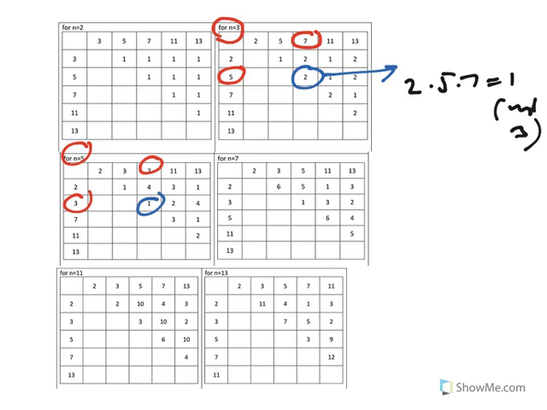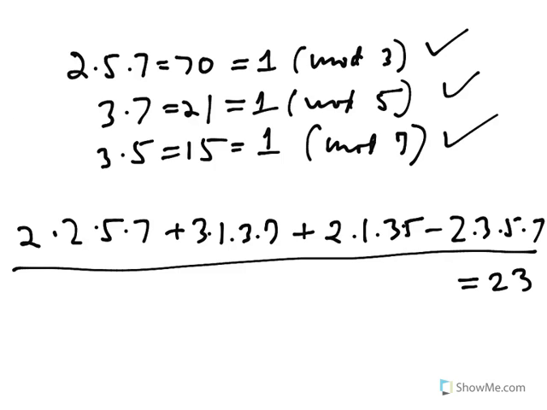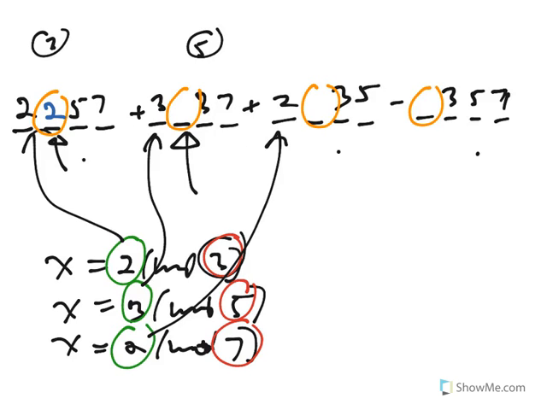That's because 3 times 7 is 21, which is already remainder 1 when I divide by 5. This number here is what you'd have to multiply all 3 of these numbers together in order to get remainder 1 when I divide by 5. And that's why I put a 1 here.